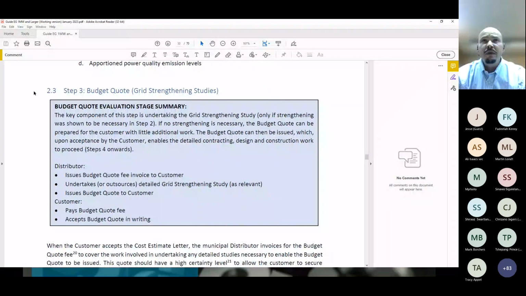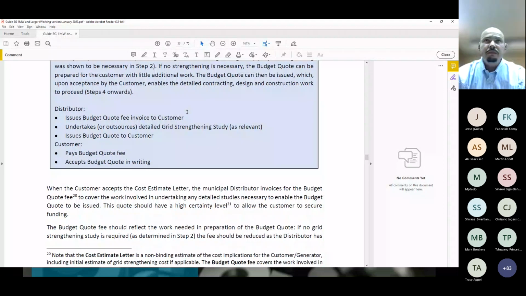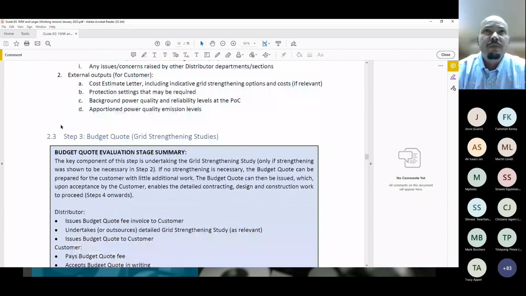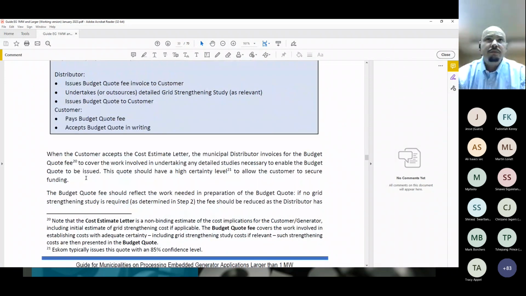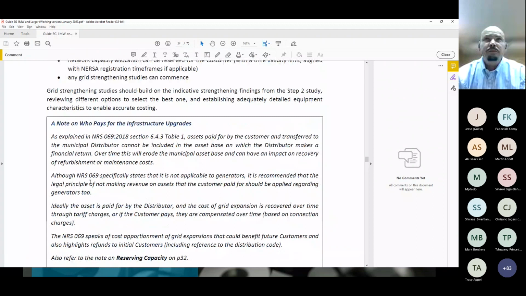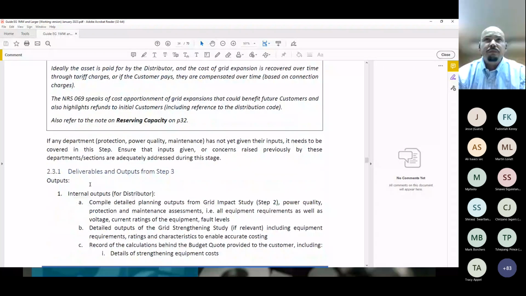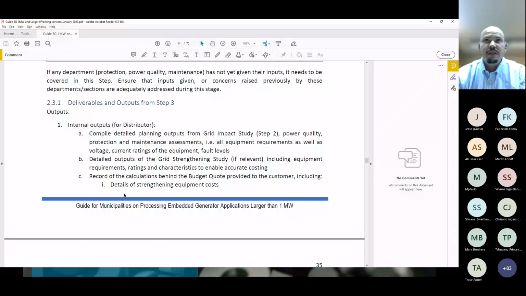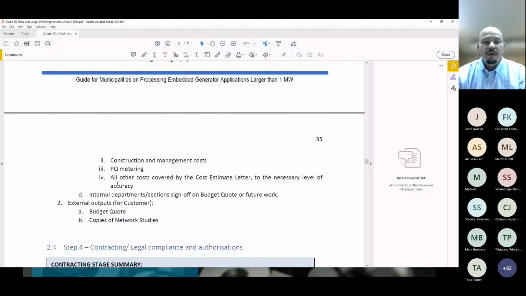And then you get to the budget quote, which is actually the grid strengthening studies. Section 2.3. Then we've got the list of outputs that we've already discussed as well.